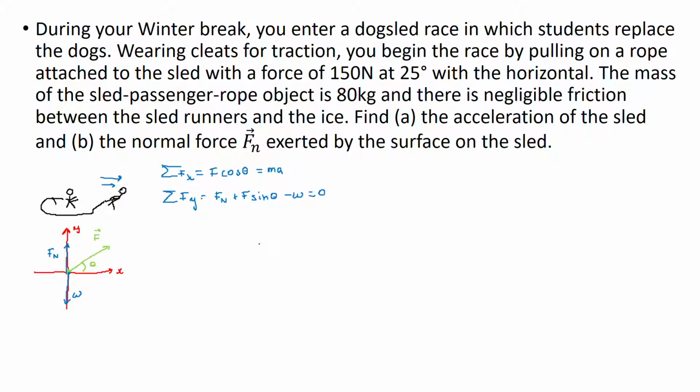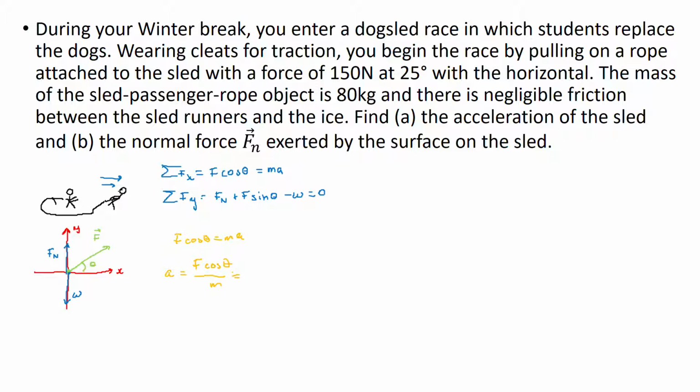Okay, so we need to find the acceleration of the sled. Well, this is kind of easy because we can get it from the x part. Let me change colors, and let's go. From there I know that F cosine of theta is equal to mass times acceleration. We need to know the acceleration, so I need to solve for a, which leaves me with F cosine of theta over the mass.